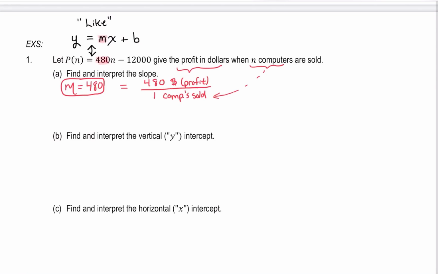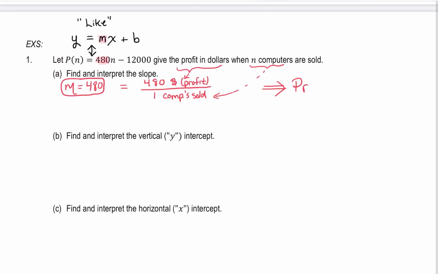So it's really just looking at what the output per the input variable mean in practical terms of the problem. And that helps us reveal the interpretation, especially if you remember the fraction bar, we can read that as that per idea. So this is telling us that there's an increase of profit of $480 per every one computer sold.